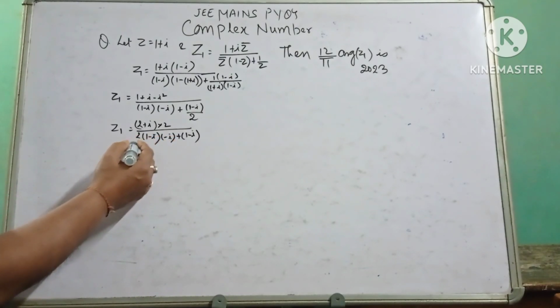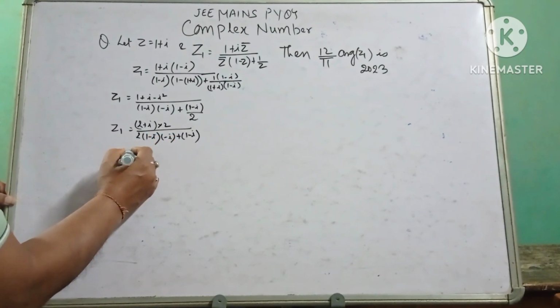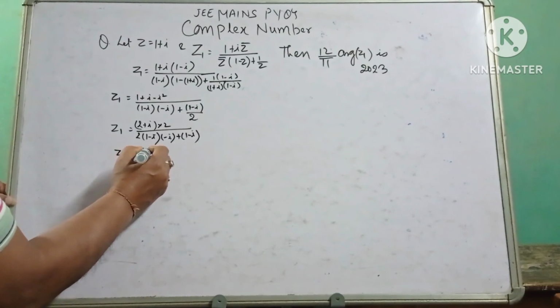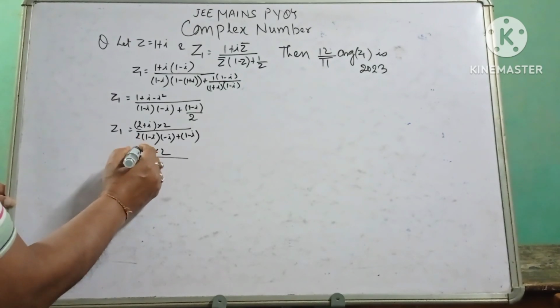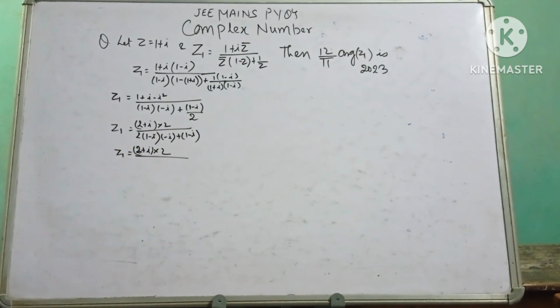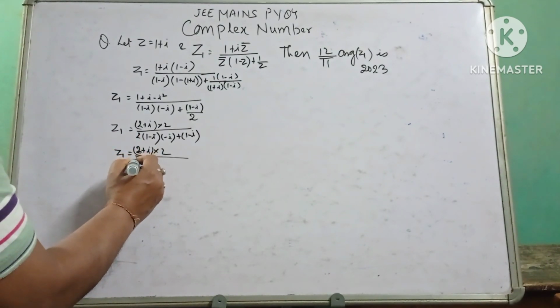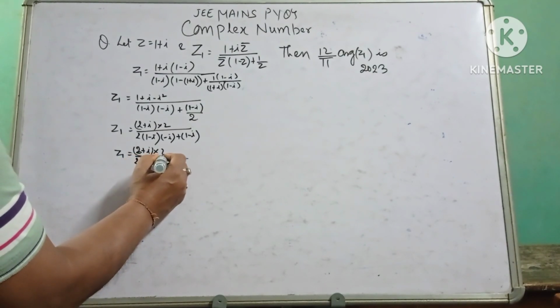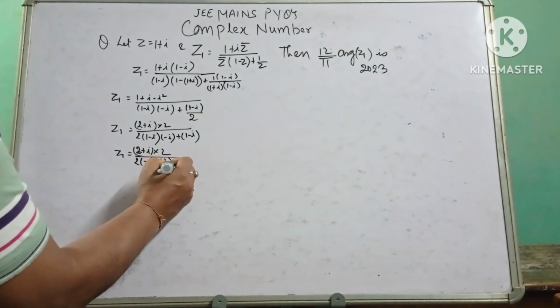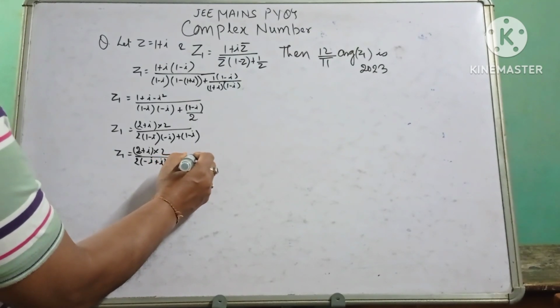Here this will be z1 equals 2 plus i into 2, over 2 minus i plus i square and plus 1 minus i.